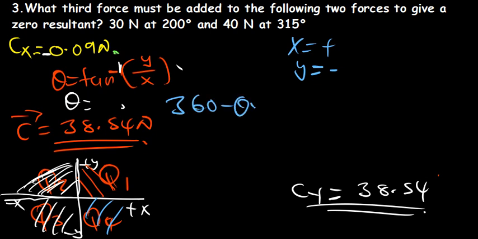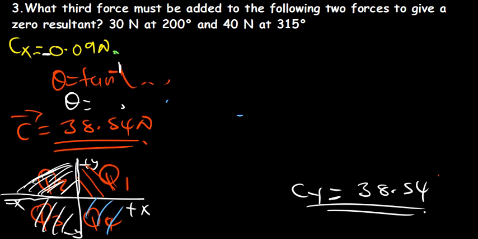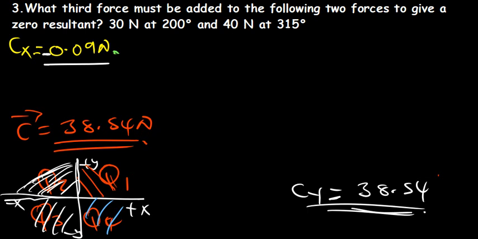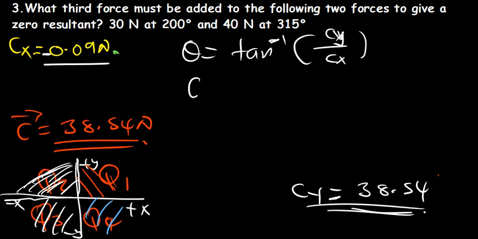So in this case, we want to find the direction of vector C. The x component is negative and the y component is positive, so it is in the second quadrant. In the second quadrant, theta will be equal to tan inverse of cy divided by cx. But when I'm plugging in the values here, I need to ignore the negative part.